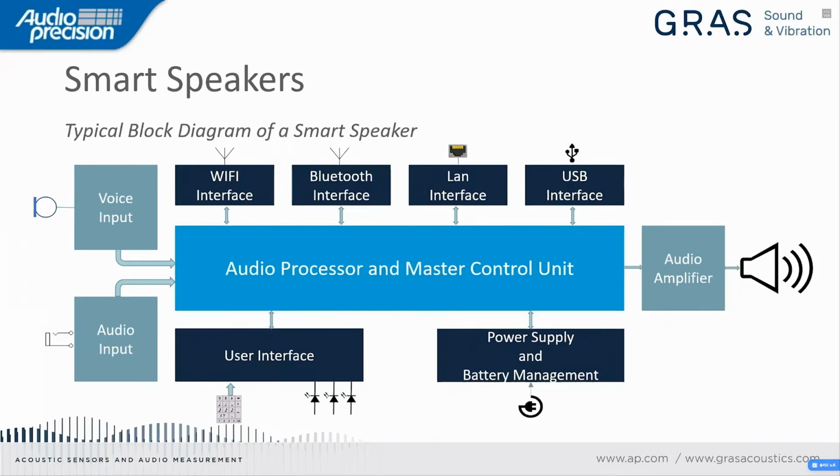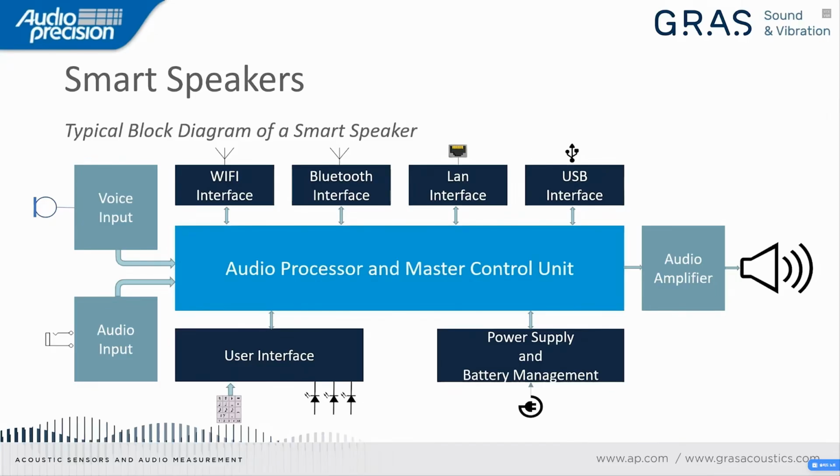So in smart speakers, we have the voice command. It will come in via this voice input, via a microphone, directly to the audio processor, and the audio processor will, depending on the commands coming in, do different things.